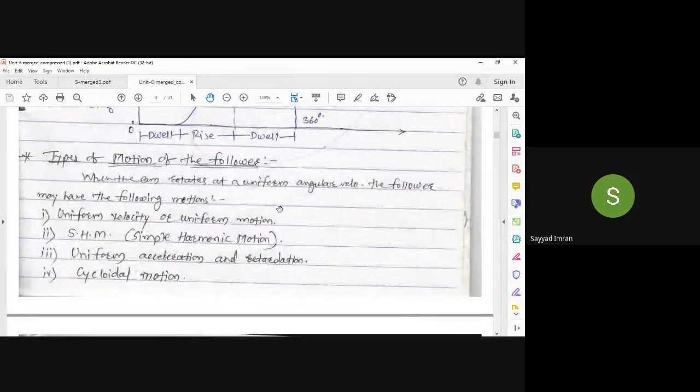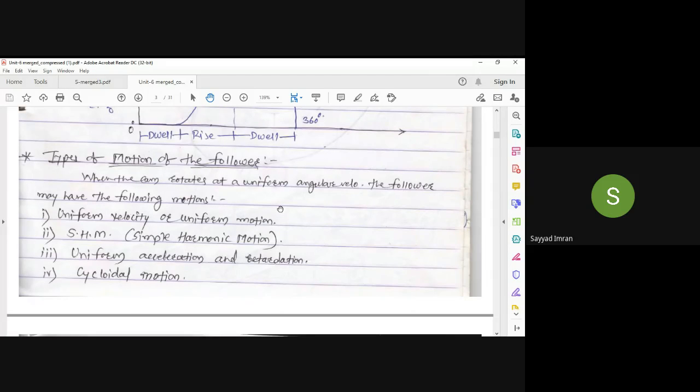Here, the most important point is the types of motion of the follower. Always remember, as per your syllabus, you have four types of motion of follower, and you have to study these four types. When the cam rotates at a uniform angular velocity, the follower has the following motions.